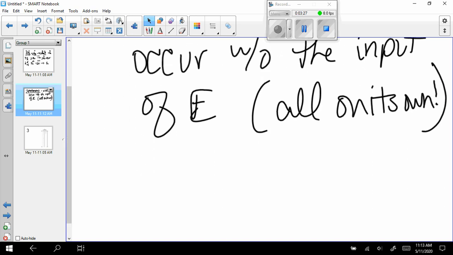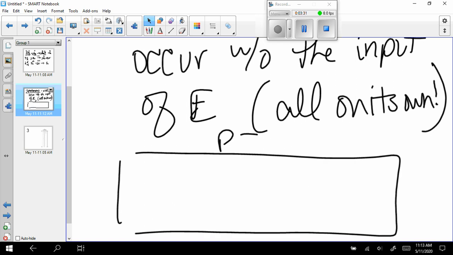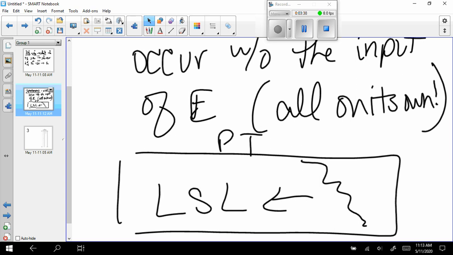So let's think about what happens normally. If this is my periodic table, and here's my staircase, over here, left side losers. So when something loses electrons, that's oxidation. Oxidation is losing. So my metals are the things on the left side of the periodic table.